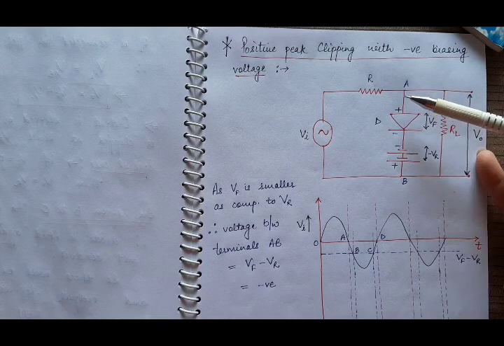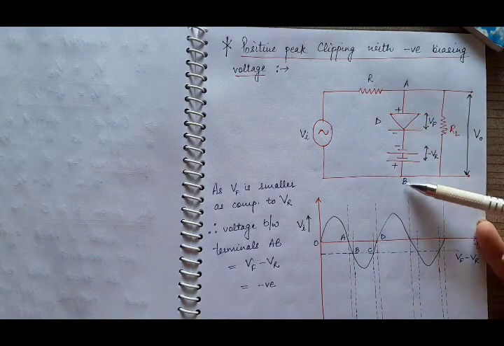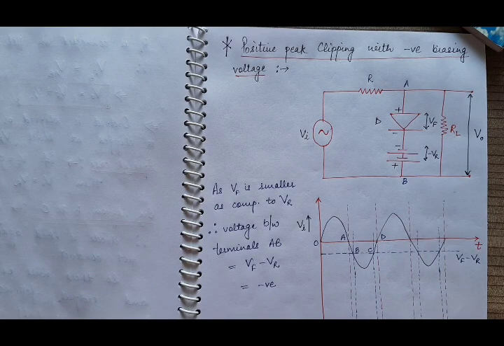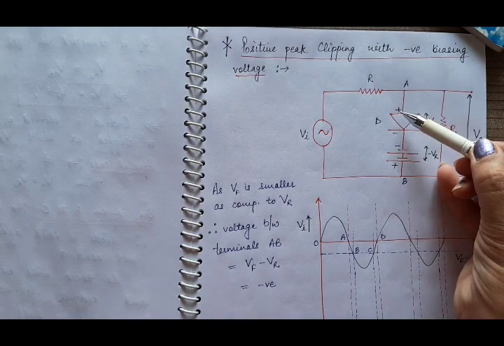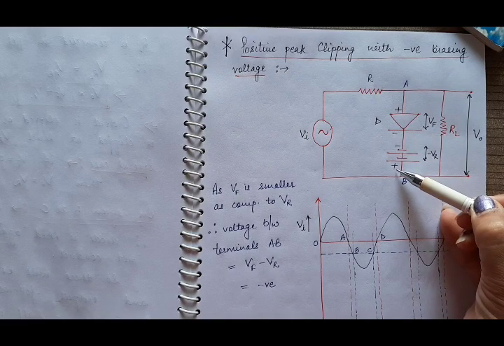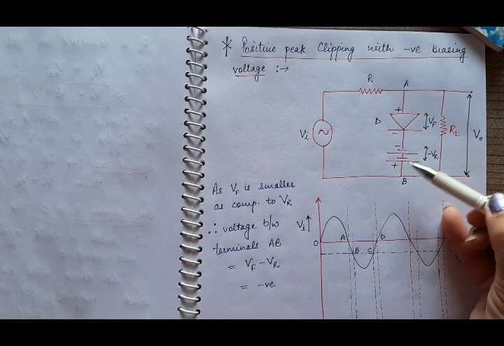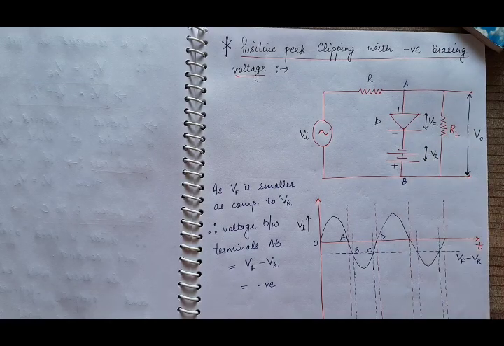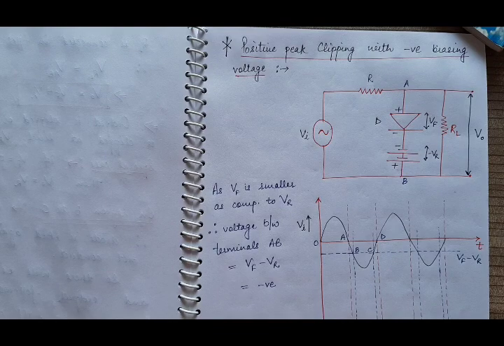So what will be the total voltage across AB? It will be VF minus VR. Or apply Kirchhoff's voltage law: VF as plus to minus, then minus to plus. It means the signs are not alternate, so this will be VF minus of VR. So again, VF minus VR.